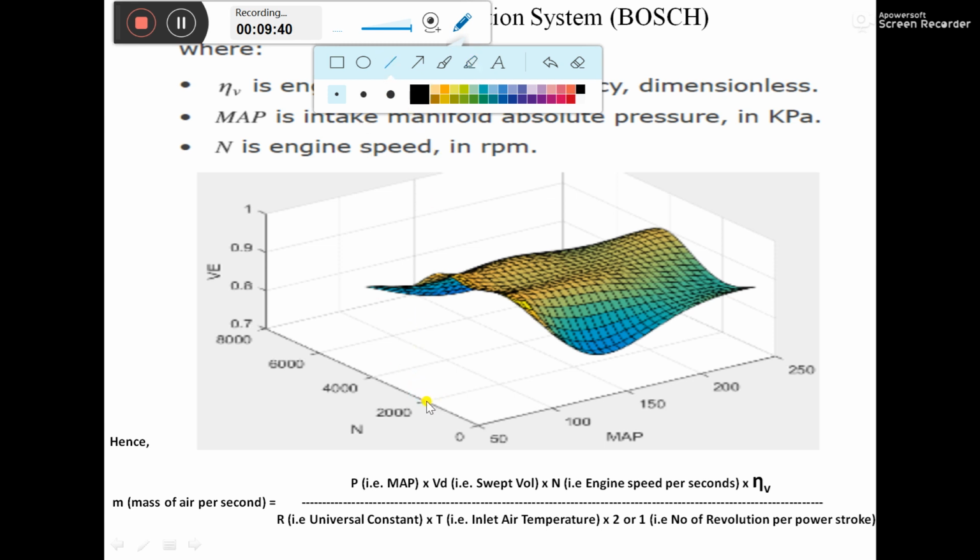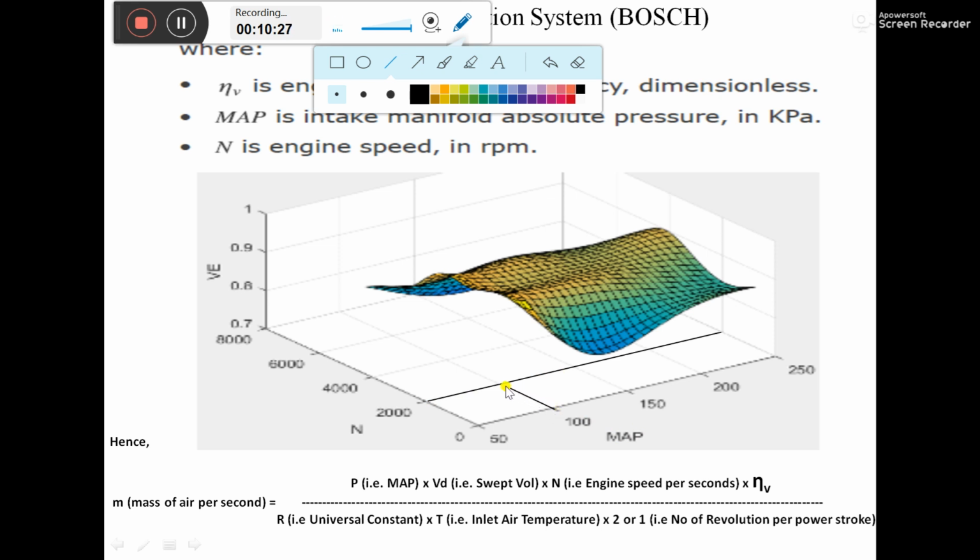This is your 2000 RPM line, so we should travel along this line. Now, suppose you have a manifold absolute pressure like 100.